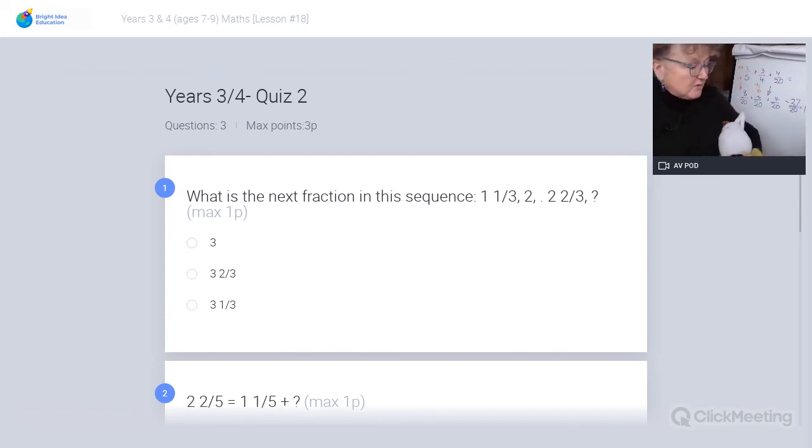I hope this work on fractions has helped you. Remember, all our lessons go on to our YouTube channel. So any lessons that you missed, or if you'd like to go over these things again, watch the other lessons. Watch the lessons that you did not see if you joined us later on.